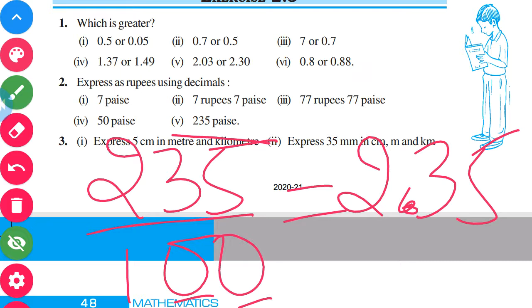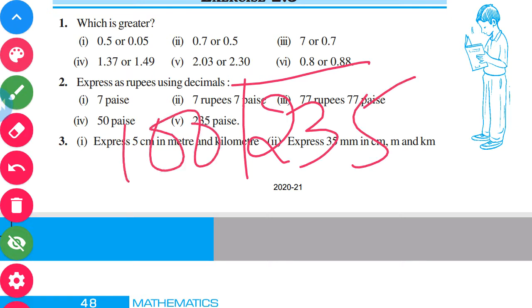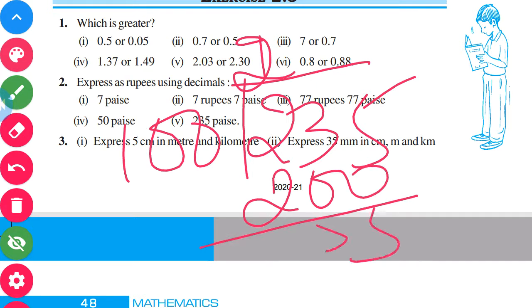Very easy it is. Now let me tell you how. Let's suppose 235 divided by 100. So 1 into 100, 100 2 is 200. What is the remainder? 35. Now if I put a point here, I have to put a point here near 2.